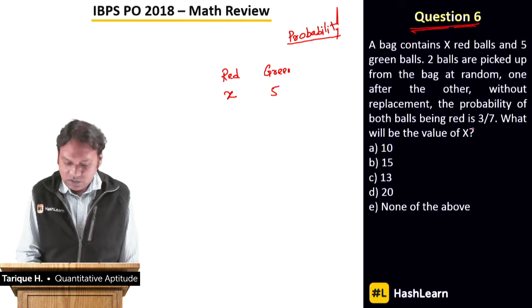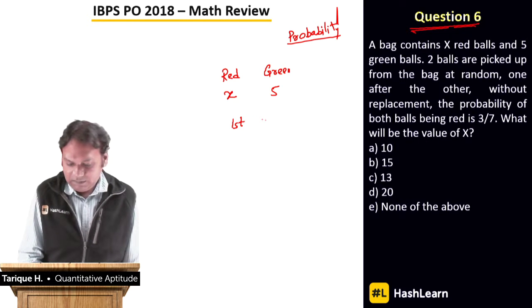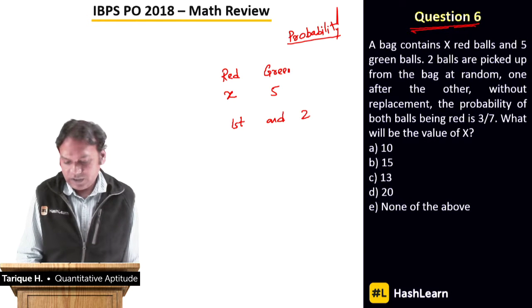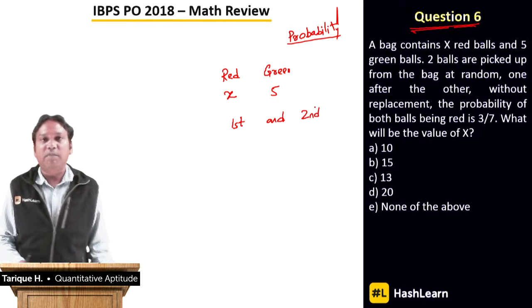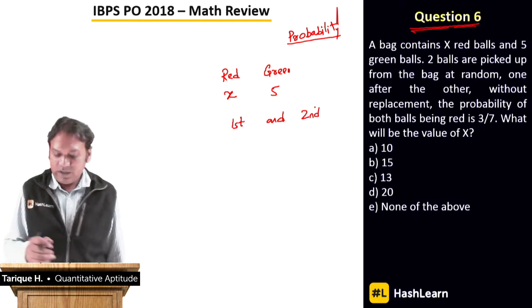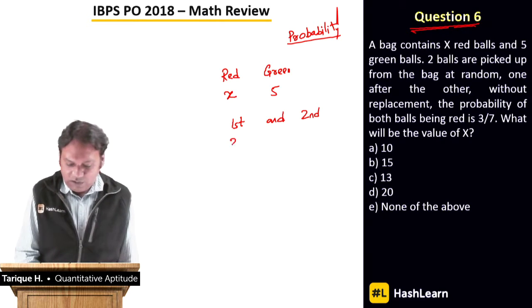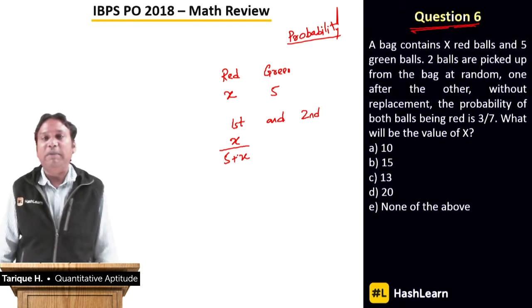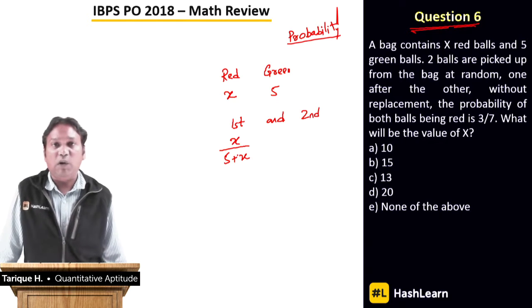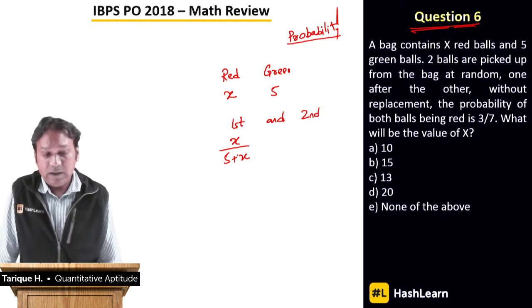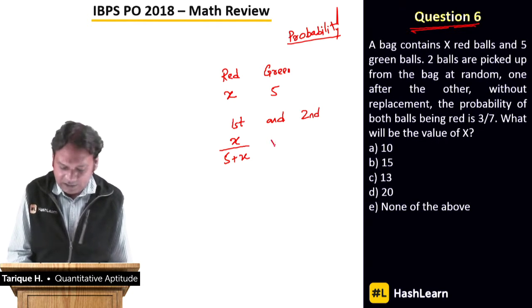Okay. So for the first ball and second ball, this is how I solve these questions. Now this is the trick. I don't use combination and permutation formulas for solving questions like this. For the first ball, the probability is X by 5 plus X, because there are a total of 5 plus X balls, and X of them are red in color. So now I multiply here.